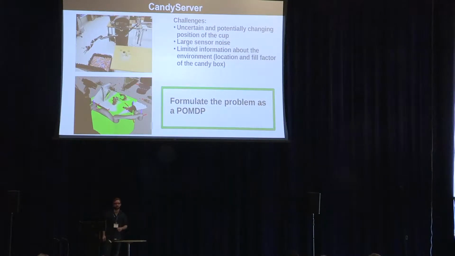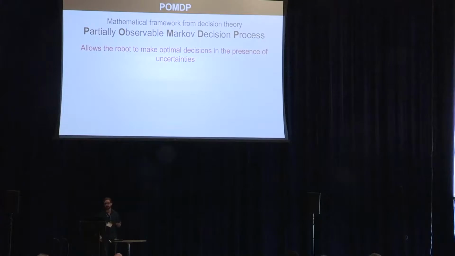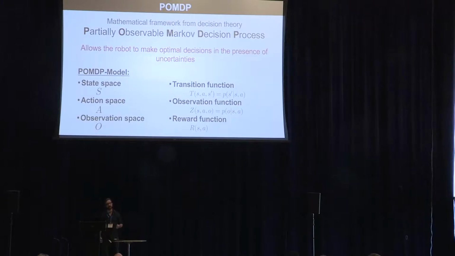So in order to deal with these challenges in a principled and robust manner, we formulate the task as a partially observable Markov decision process. A POMDP is a mathematical framework from decision theory that enables autonomous robots to make robust decisions under partial observability. The main components of a POMDP are the state, action, and observation spaces of the robot.